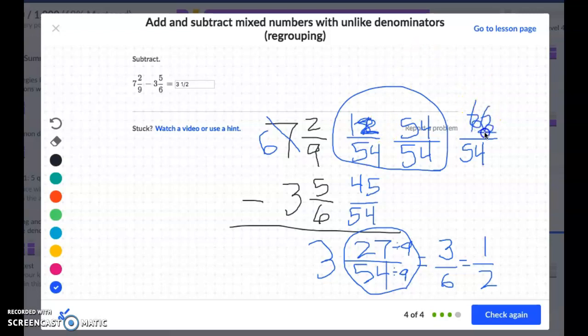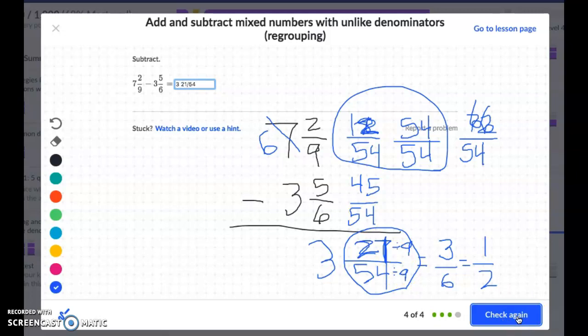So 66 54ths. So 66 take away 45 is going to be 21 54ths. So 3 and 21/54 should be my answer.